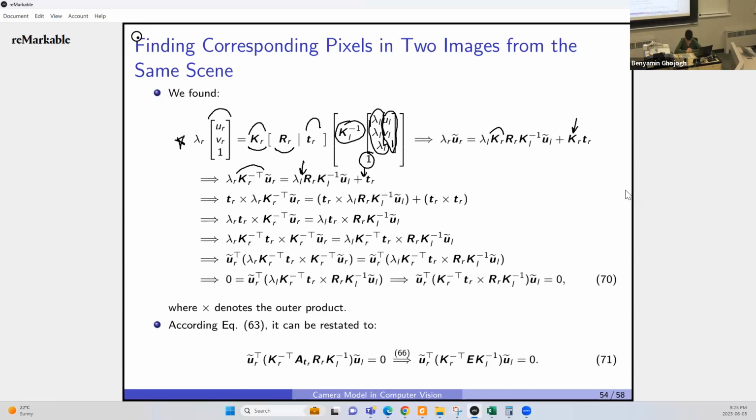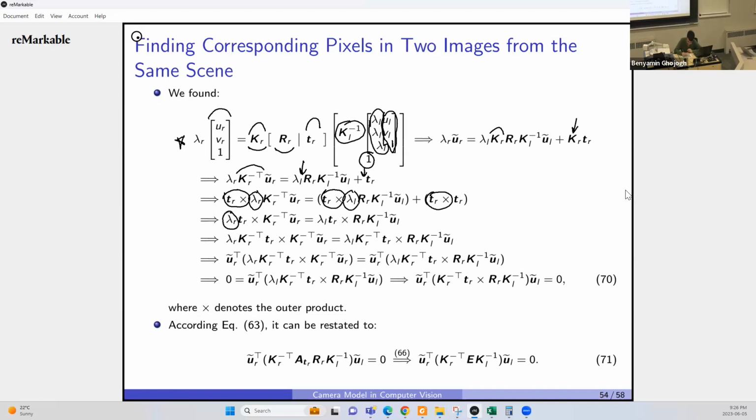So far clear? Okay. Now, again, like before, I use TR outer product from the left side. So I have this, and this. Okay. Now what happens? Lambda R is a scalar, it can come out, it can move back and forth in multiplication.